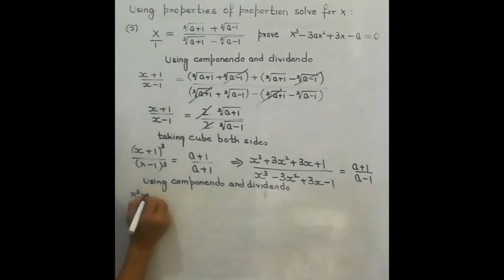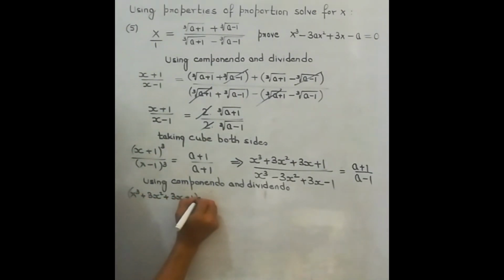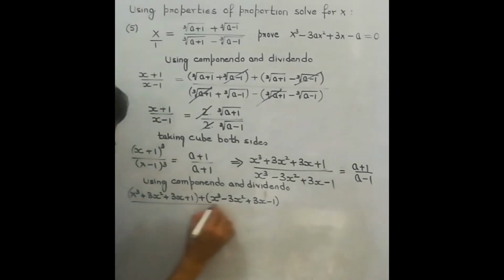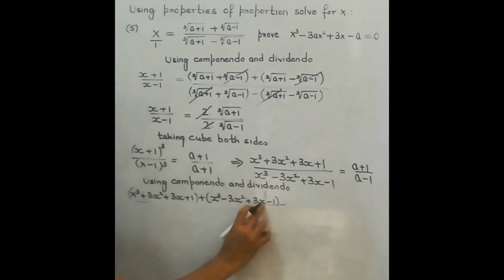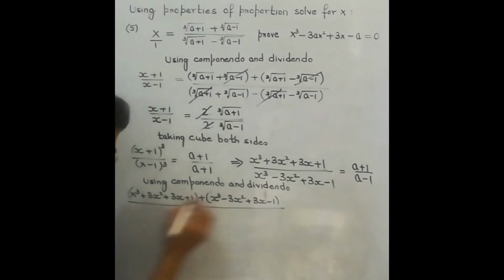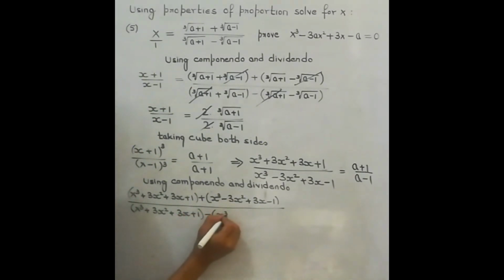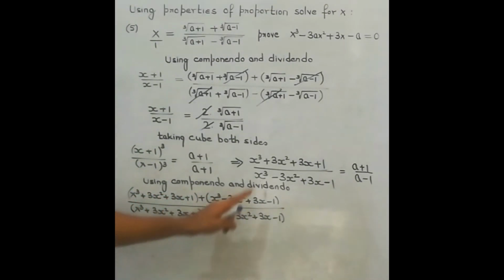So I get x cube, this is numerator plus denominator, and then, so this is numerator plus denominator upon numerator minus denominator on the left side.